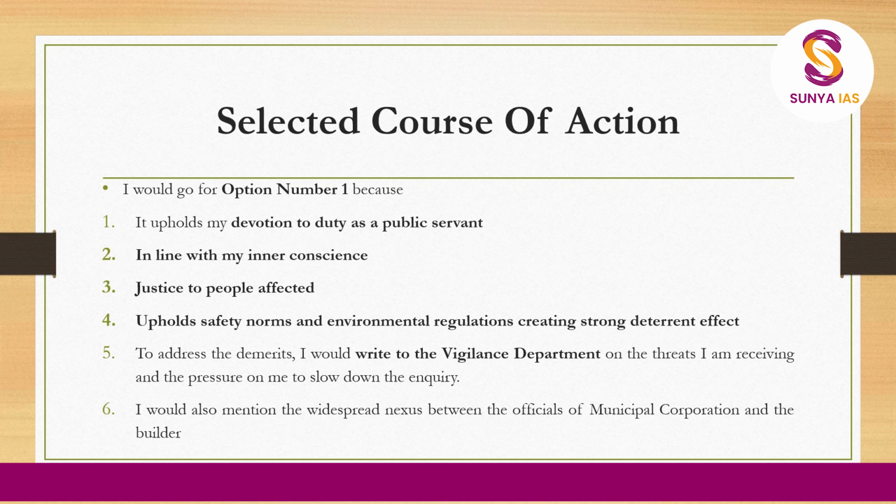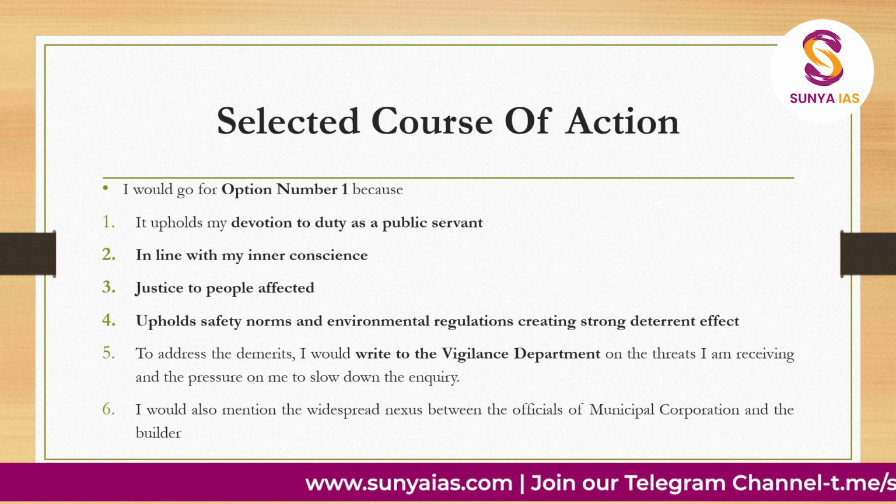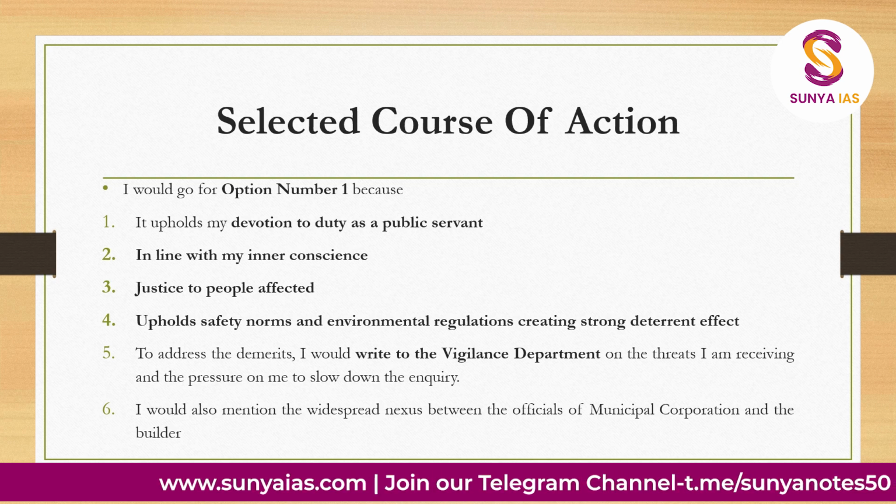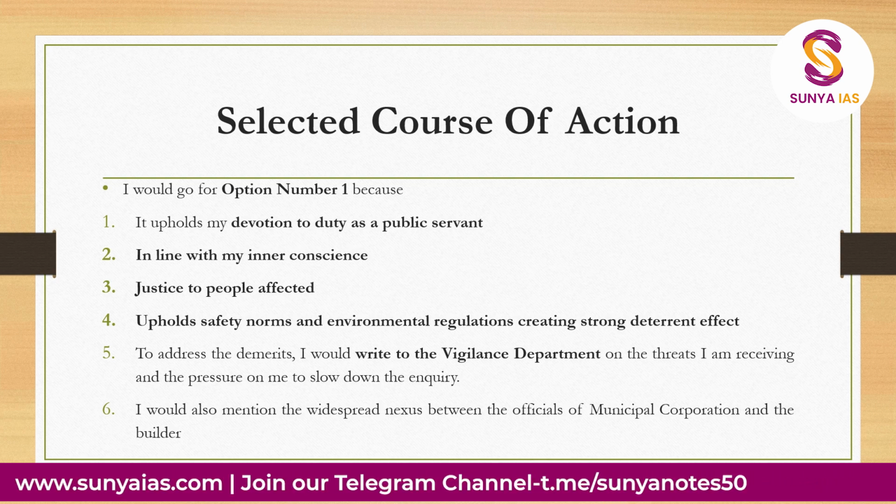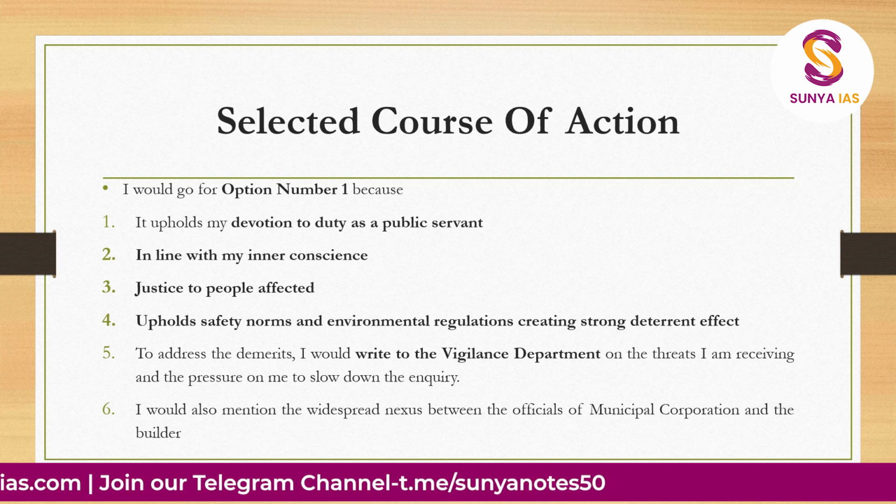And this particular option also addresses all the demerits that we just saw in the third option, which was the middle path of writing to the vigilance department. So there is no delay in justice being served, there is no delay in the proceedings which might lead to compromises on the evidences, etc. And this is in line with my inner conscience.